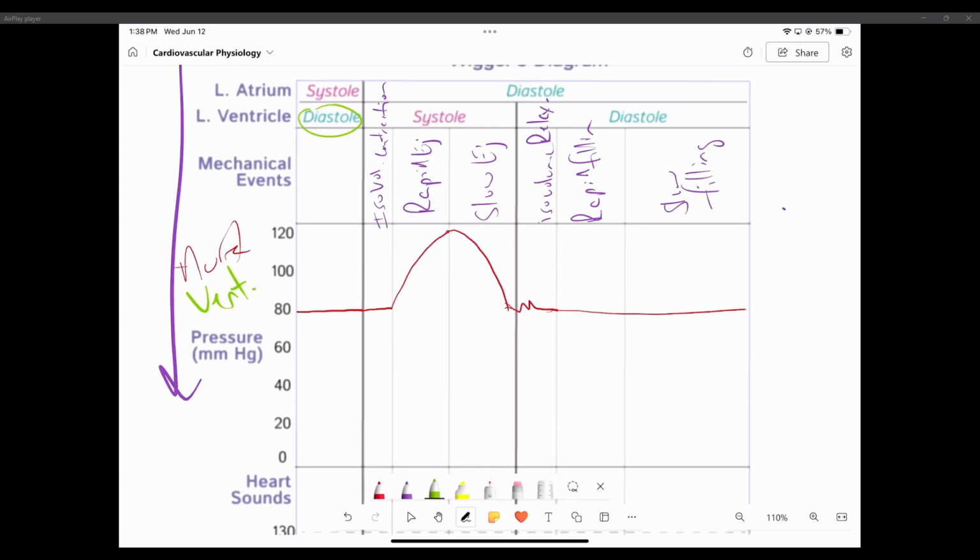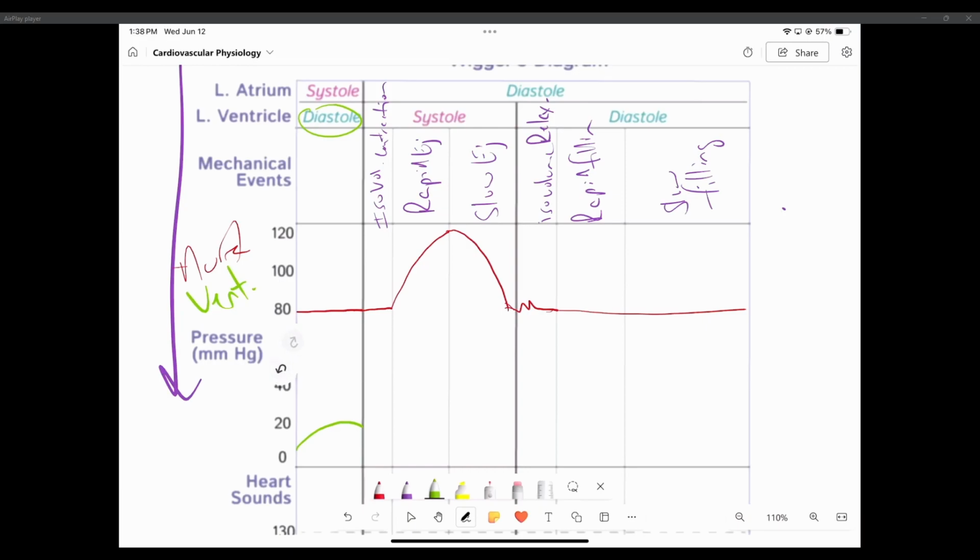Close to 0, 0 to 10, very, very, very low. So it starts off there. So it's very, very low.